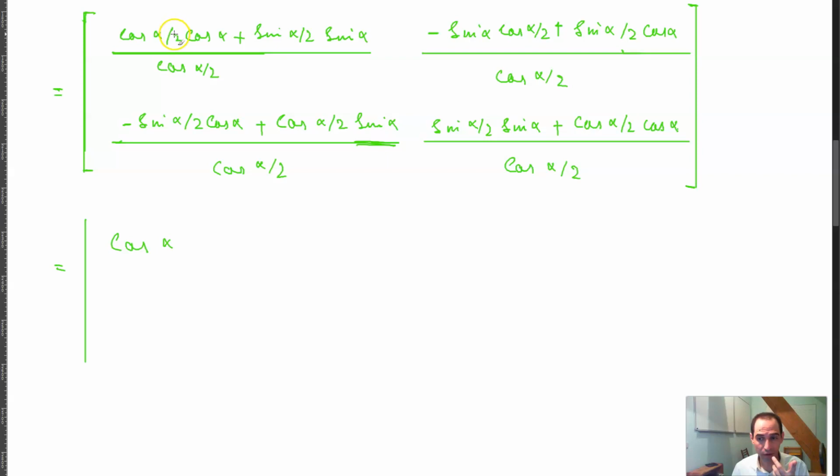And by the same logic you can write it also as the cos of... basically, you see there's something interesting here.